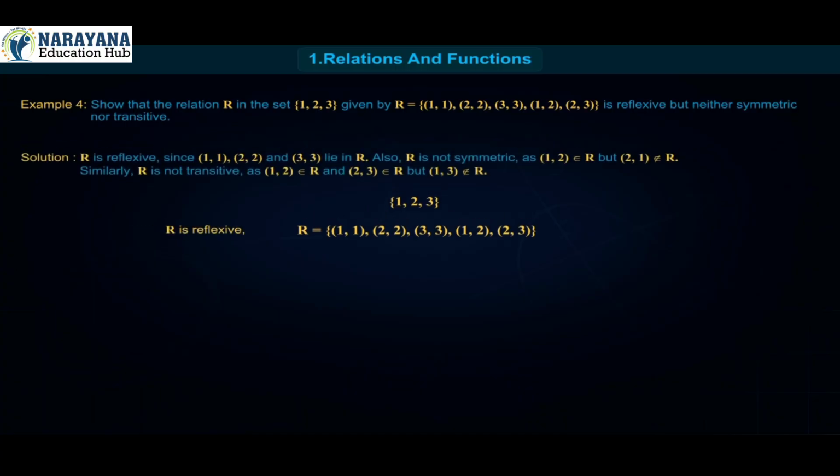Solution: R is reflexive since the ordered pairs (1, 1), (2, 2) and (3, 3) lie in R. Also, R is not symmetric as the ordered pair (1, 2) belongs to R, but the ordered pair (2, 1) does not belong to R. Similarly, R is not transitive as the ordered pair (1, 2) belongs to R and the ordered pair (2, 3) belongs to R, but the ordered pair (1, 3) does not belong to R.